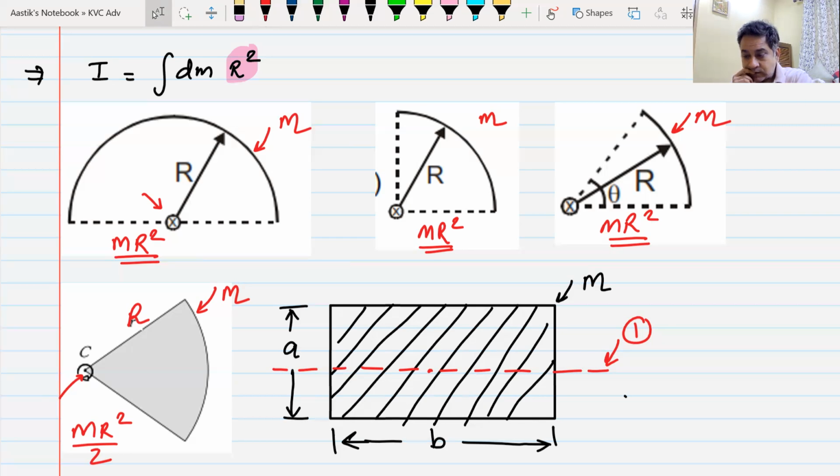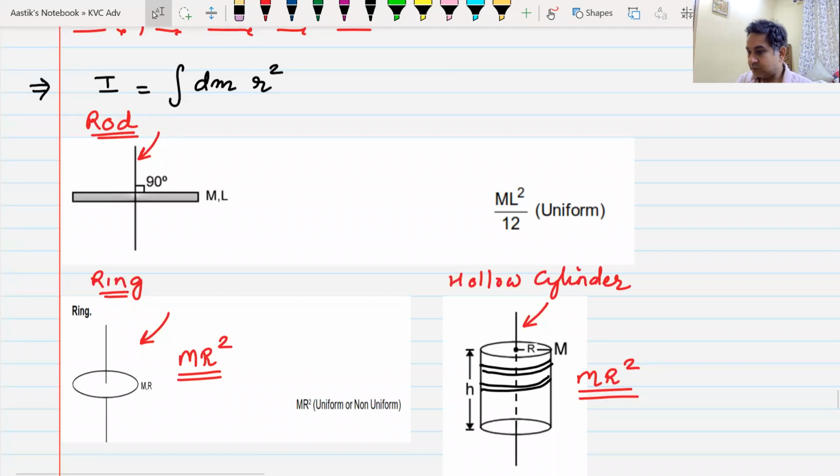Then the radius of the edges from the axis is A by 2. So, okay. A square by 8, sir.